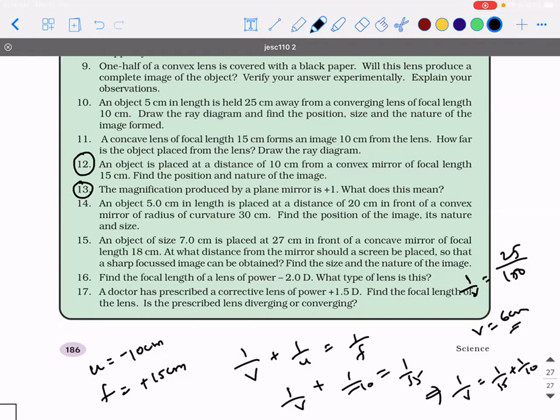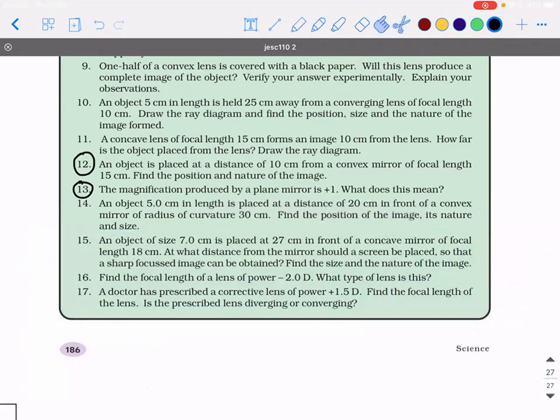That the size of the object is equal to the size of the image. Clear, guys? Next.